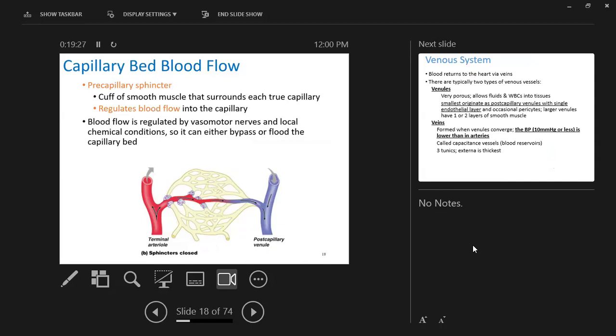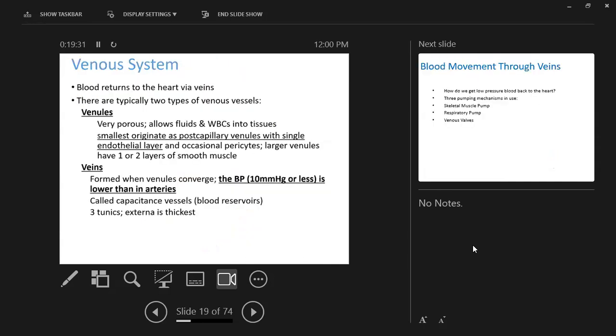So now, what about the veins? You have venules and you have veins. Venules connect to the capillary beds. They are low pressure vessels. They only have a few layers of smooth muscle.